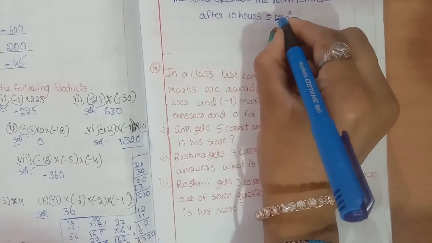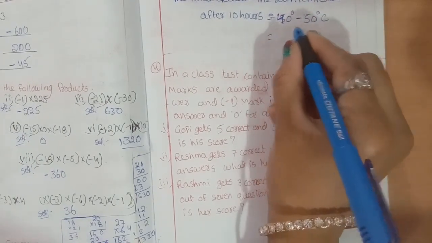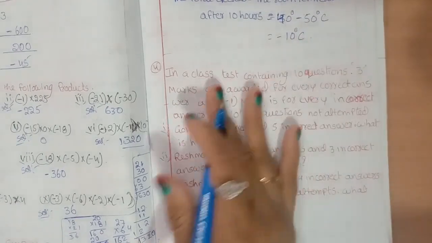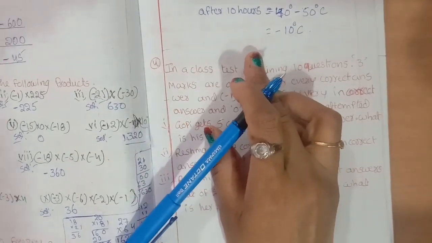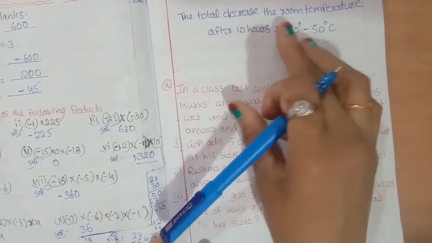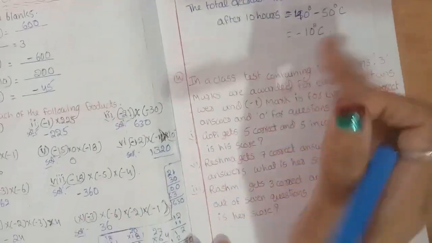That is 40 degrees minus 50 degrees only, so the answer is minus 10 degrees centigrade. Okay, Gagan Sai, are you understood? The total decrease in the room temperature after 10 hours equals minus 10 degrees centigrade.